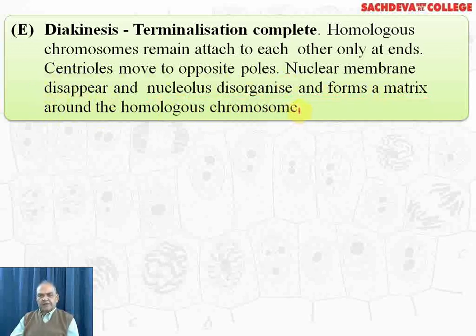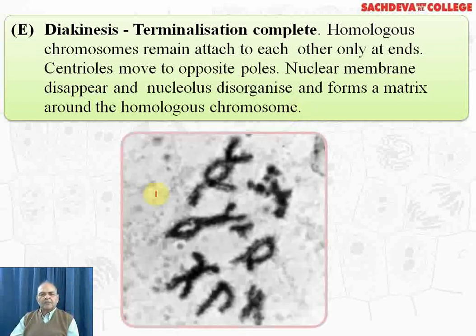And in addition to that, as you know, diakinesis is considered to be the best stage for counting the chromosome number in meiosis, because by the time the cell reaches diakinesis, maximum condensation of the chromatin material has taken place. You can see the various loop-like or X-shaped structures formed.